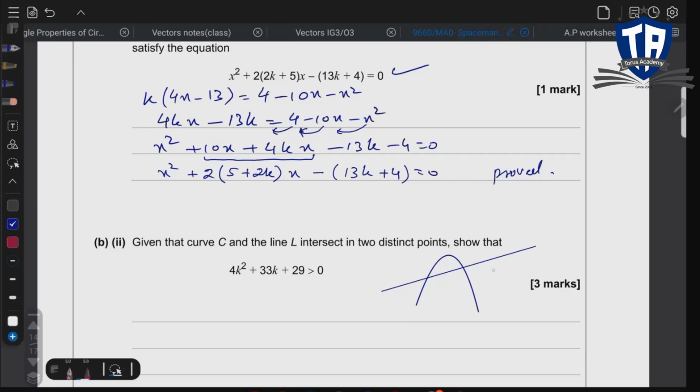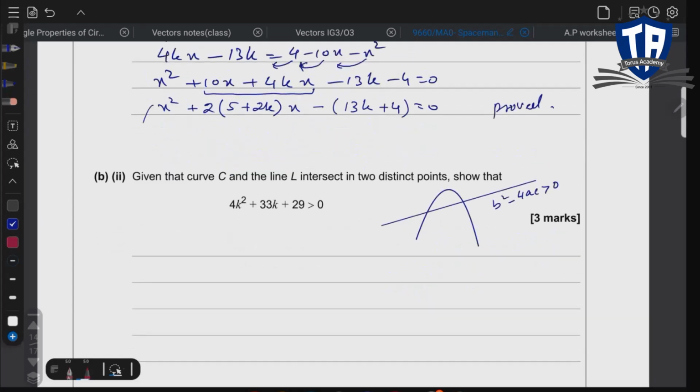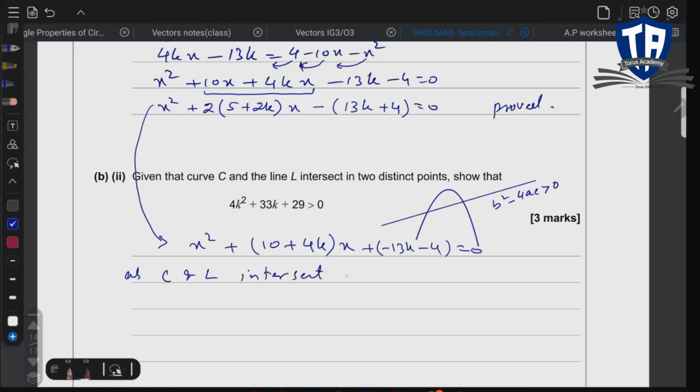So I'm writing this equation here, x squared plus (10 plus 4k) x, minus 13k minus 4 equal to 0. This is in the form of coefficients. As the curve and line intersect in two distinct points, b squared minus 4ac will be greater than 0.